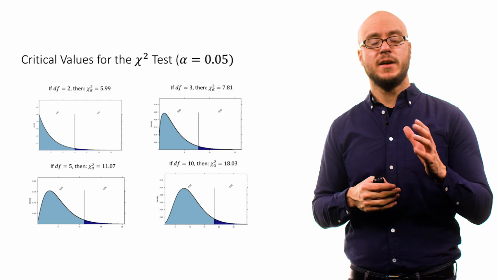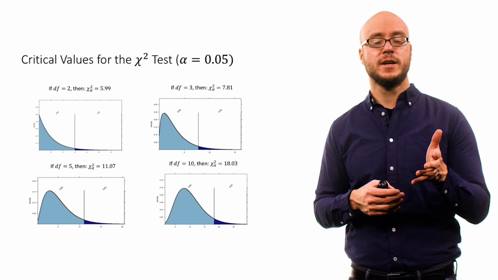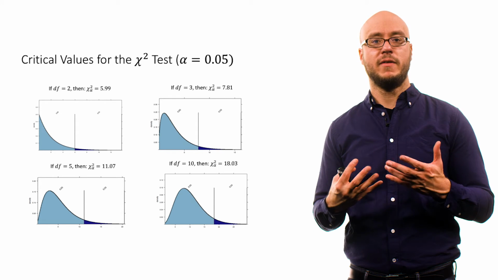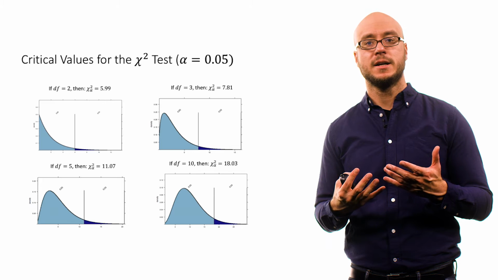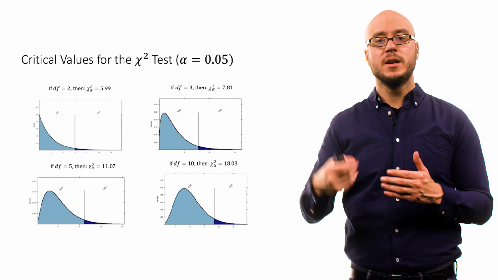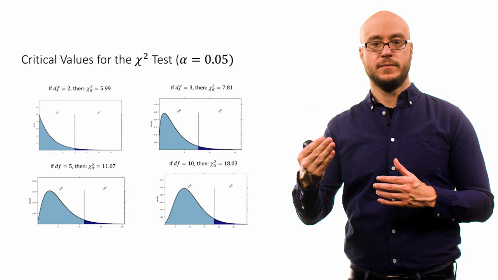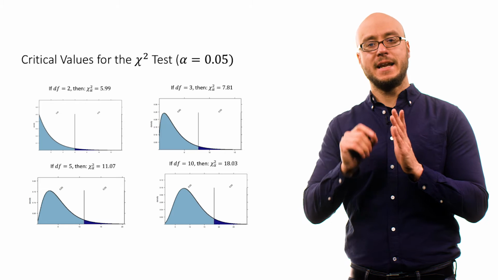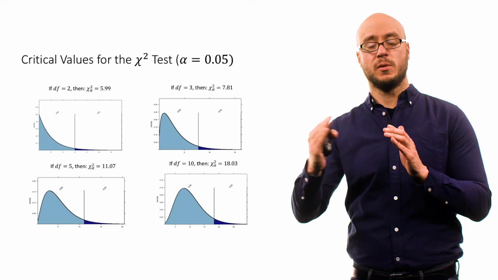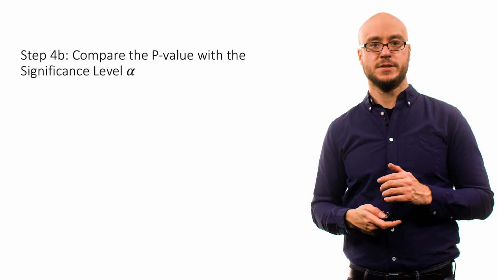If we have 3 categories, or 2 degrees of freedom, then the critical value is about 6. As we increase the number of categories, as our degrees of freedom increases, that critical value increases as well. The key point here is that if our chi-squared test statistic lies equal to or beyond that critical value, we will reject the null hypothesis.